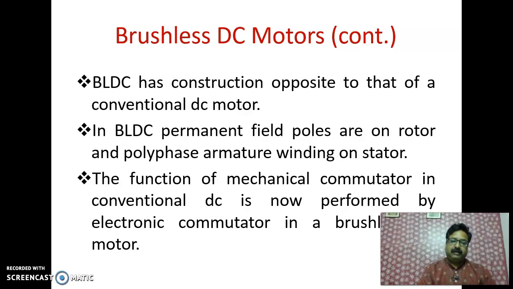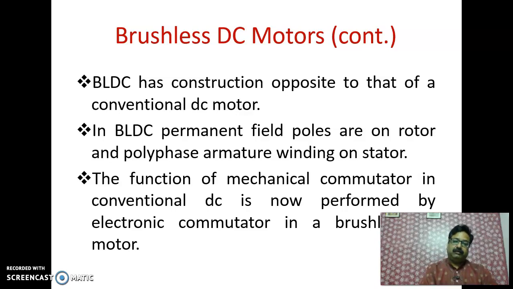As we have seen, brushless DC motor construction is opposite to that of the conventional DC motor. In brushless DC motor, field poles are on rotor and armature windings are on stator.